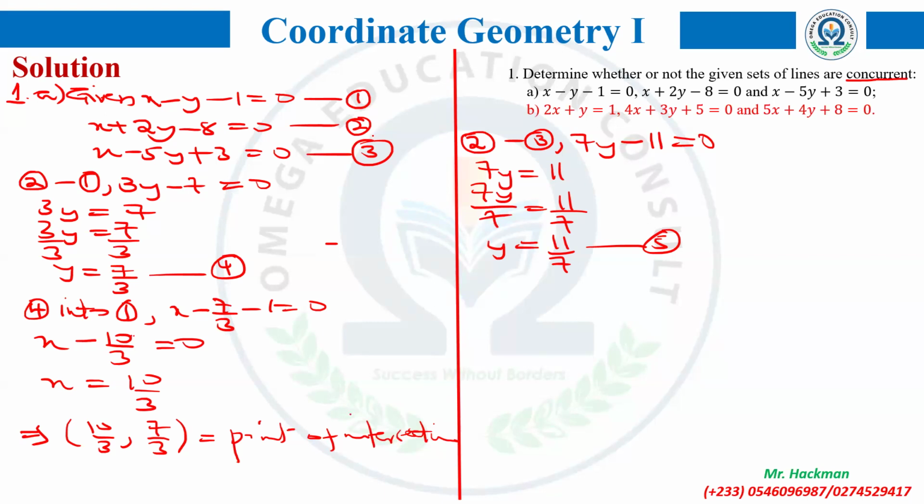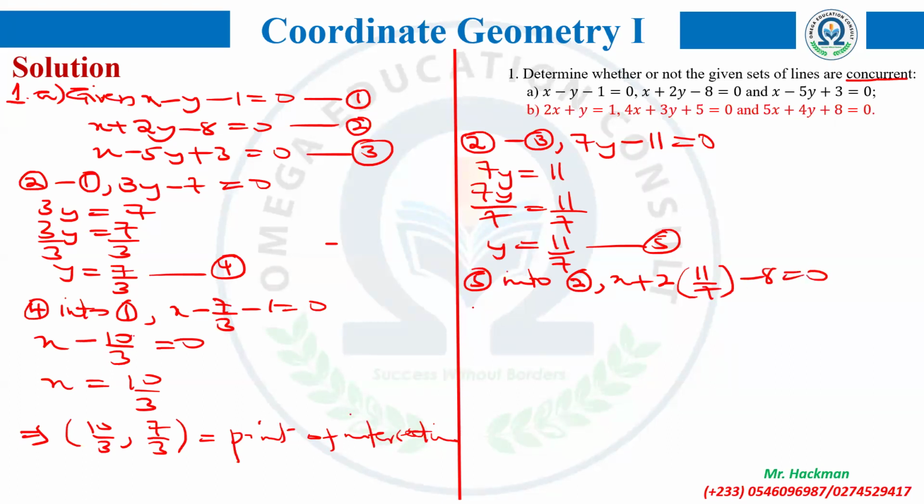Preferably, I'll substitute here, because what y will multiply will be small. So I'm going to write equation 5 into equation 2, and that will give you x plus 2y, where your y is 11 on 7, minus 8 is equal to 0.